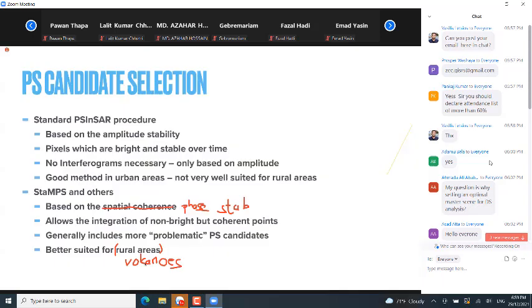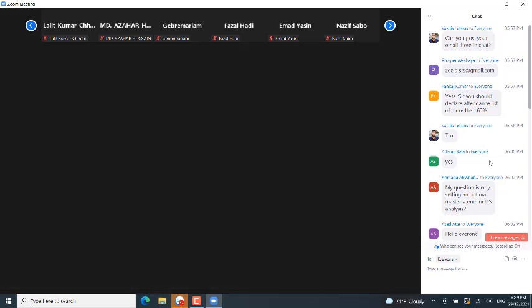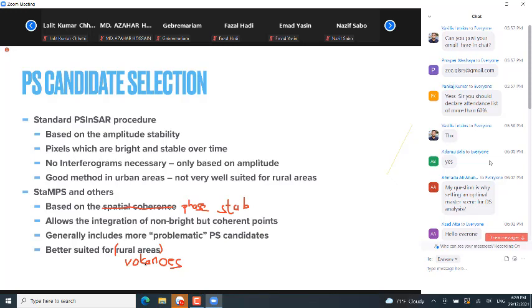Anyway, volcanoes. Because on volcanoes, we often find a lot of rocks, not so much vegetation. We find stable points on these rocks, but they're maybe not so strongly reflecting, but they're still rather stable. In rural areas, it's not the best word here because there's typically vegetation. And if you have vegetation, we just don't have PS points anymore.